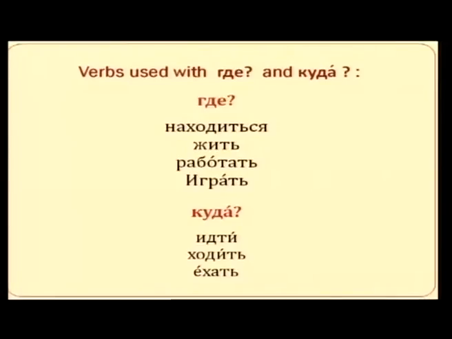Accordingly, let us take another example of using yekhat. Lyudi chasto yedut v Moskvu. Here, while using verbs which come with kuda, all feminine gender words which end with a, ya and iya change into u, yu and iyu.